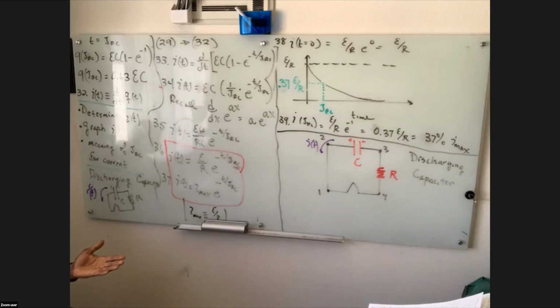So how much voltage is dropping across that resistor when you go from point 4 to point 3?